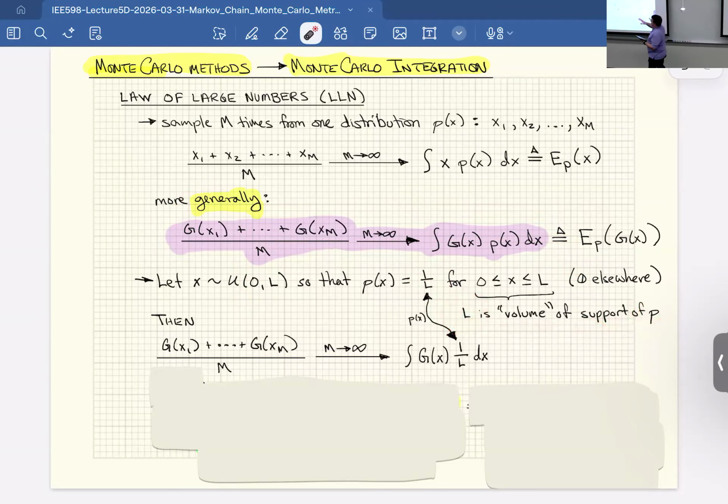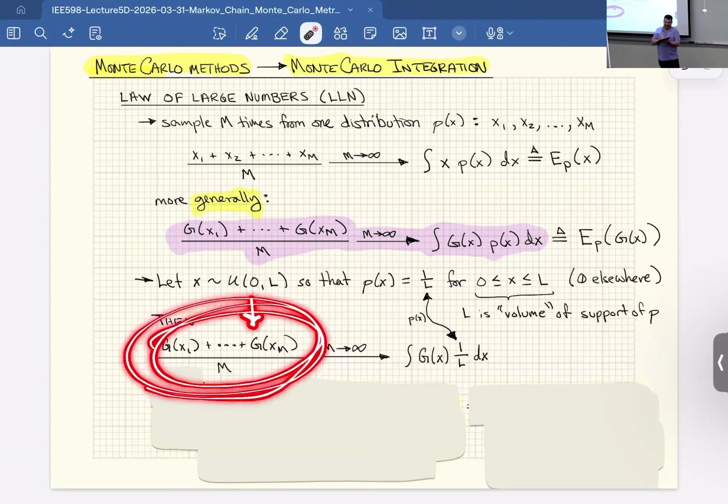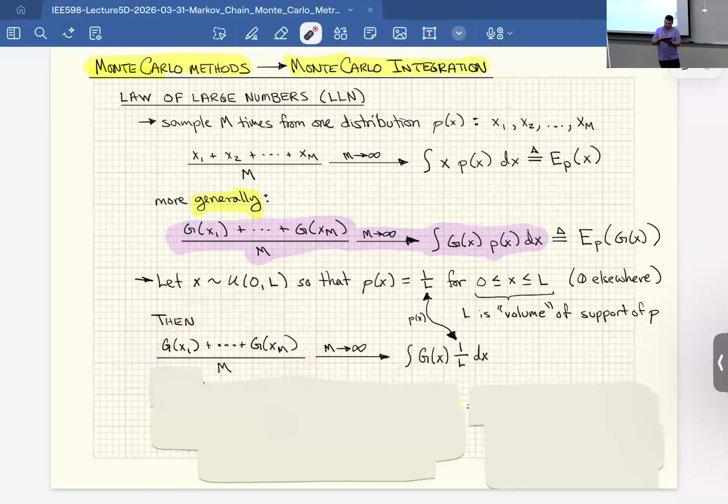Okay, so then if that's my sampling distribution, that's what I'm sampling from, and I take those points and I run them through this function G, then the average value of my G values here will converge to this integral right here, which is just the integral of G divided down by L. So this is similar to when I threw those darts at the dartboard, I got pi divided by 4, I multiply the thing by 4, and I get pi.